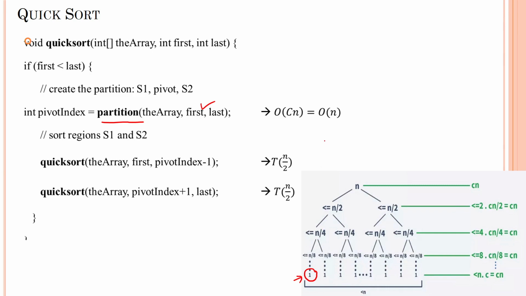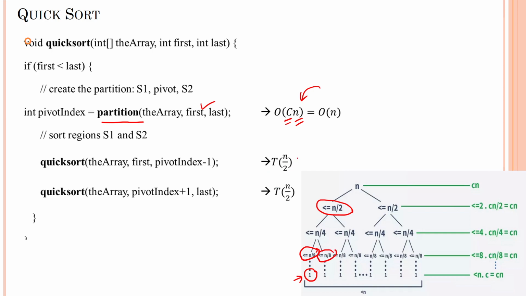So it will take some constant times n for executing this function. Now after partitioning, each subpart will be considered for sorting.